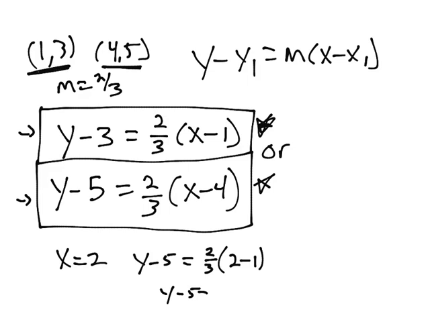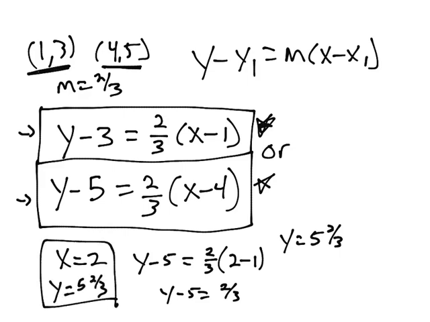So y minus 5 equals 2/3. So y is 5 and 2/3. So I could answer any of those questions now. I could plug in the y value and figure out the corresponding x value.